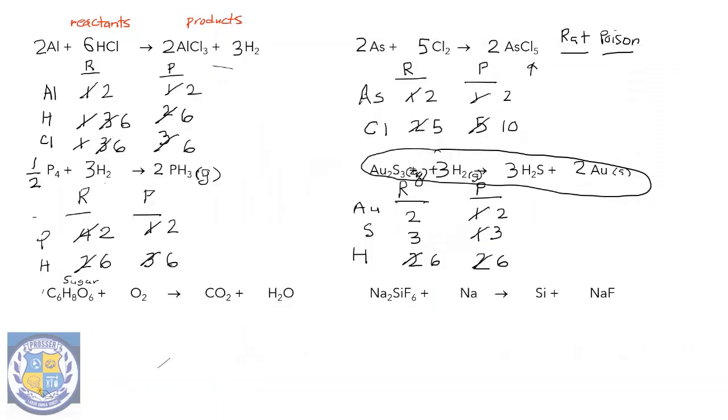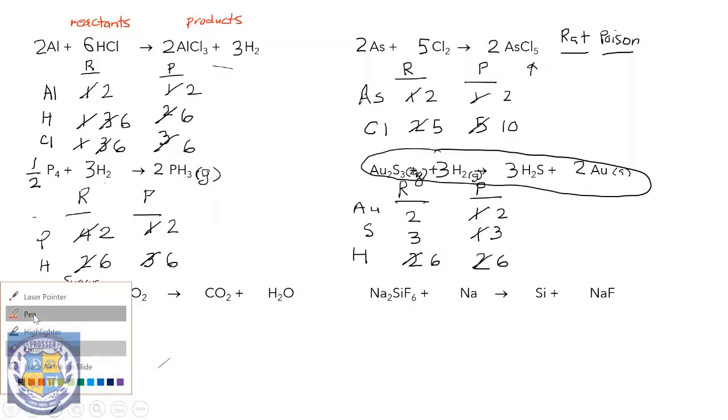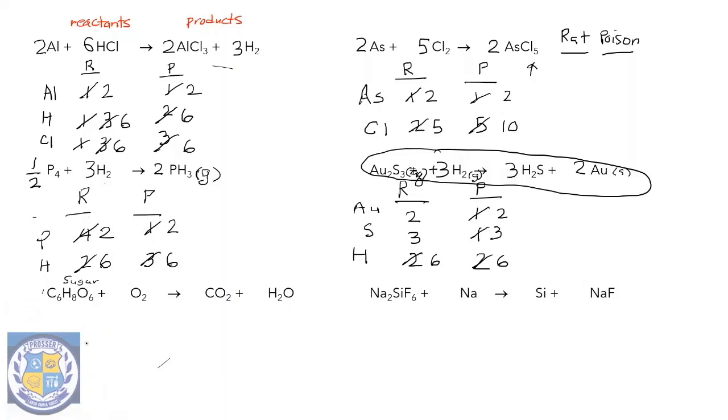For the next one, we have what's called a combustion reaction. Here we're taking a carbon-hydrogen compound, a hydrocarbon, and burning it with oxygen to produce carbon dioxide and water.